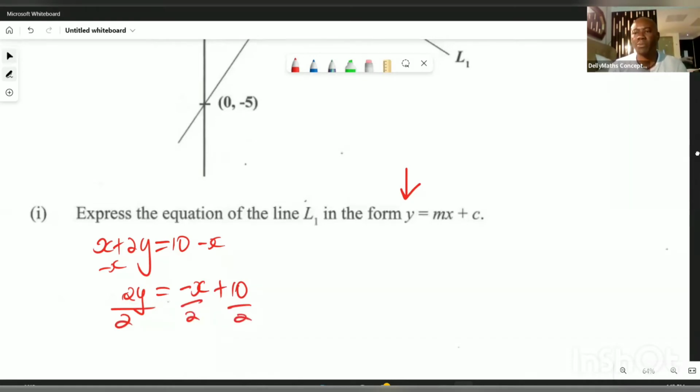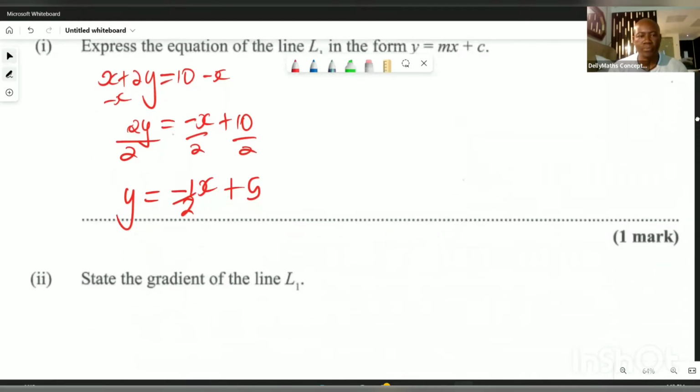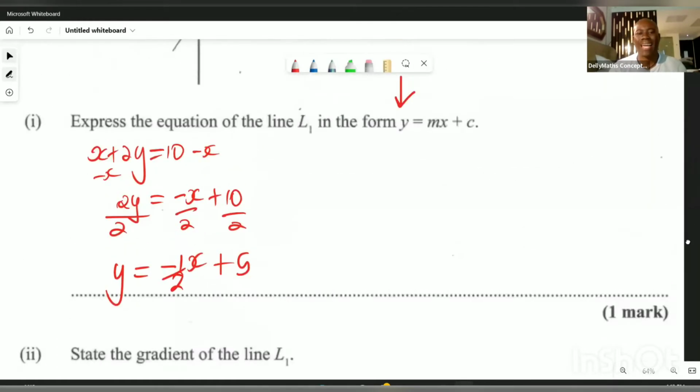So y is equal to -x/2, which is -1/2 x, plus 5. So y = -1/2 x + 5. And right there, we wrote it in the form y = mx + c.